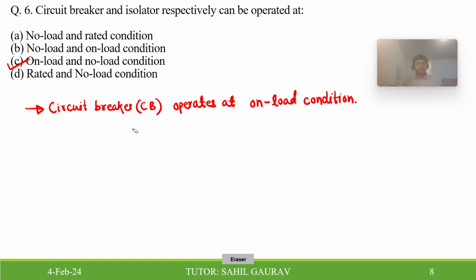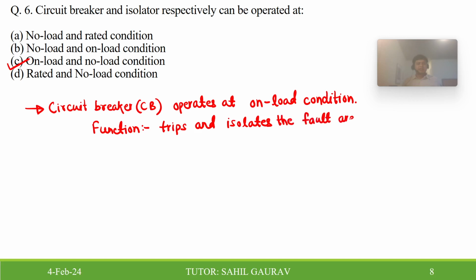It's better to write function. Function of circuit breaker is to trip. Where does the circuit breaker get the tripping signal from, which equipment? From any relay, yeah, correct. It trips and isolates the fault areas.